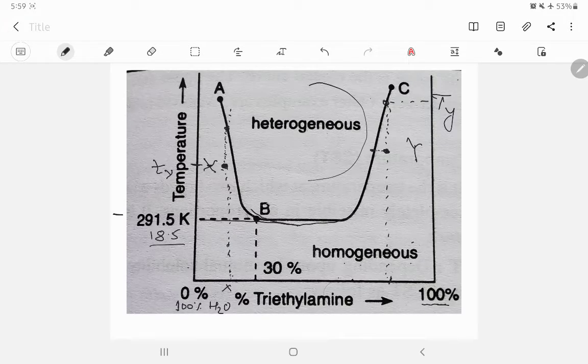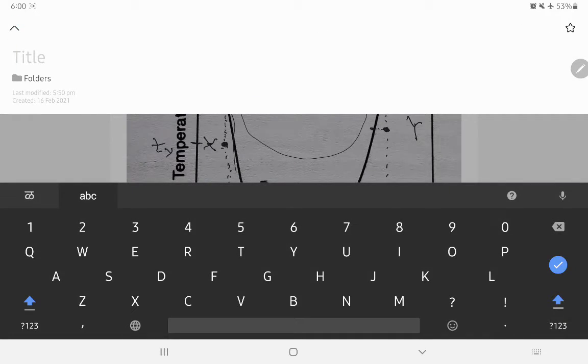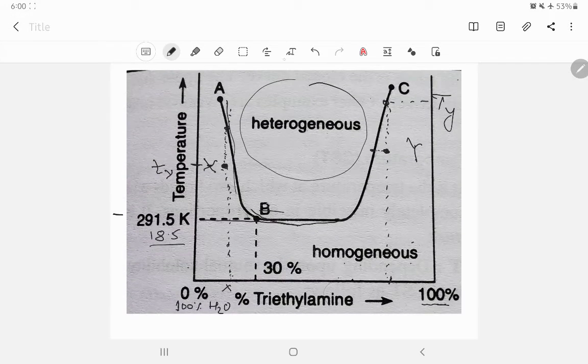Any point inside the parabola, suppose a point say P, consists of two layers. One layer is a solution of water in triethylamine, the other is triethylamine in water. Two solutions are there.